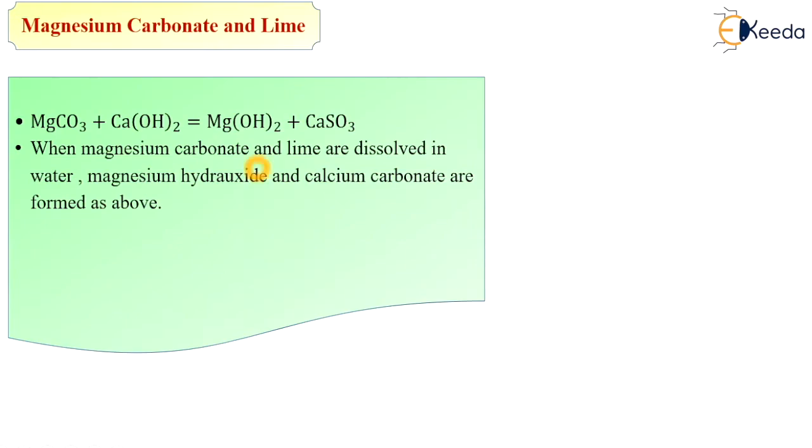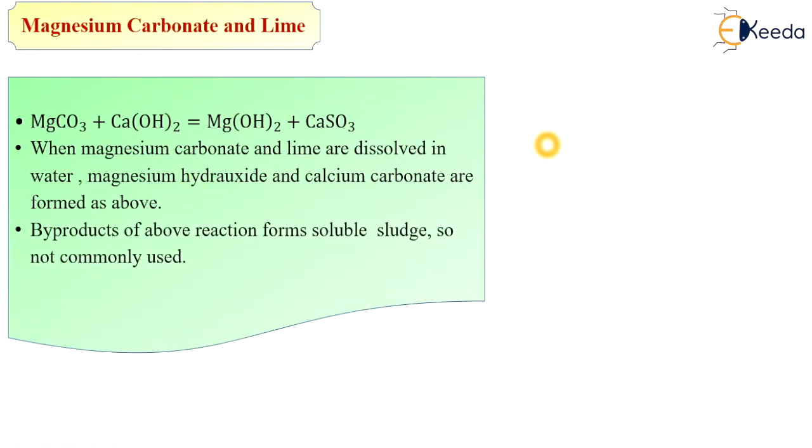The magnesium carbonate and lime dissolve in water, and magnesium hydroxide and calcium carbonate are formed. The byproduct of the above reaction is a soluble sludge, so it is not commonly used. There is sludge formation when we use magnesium as a coagulant.